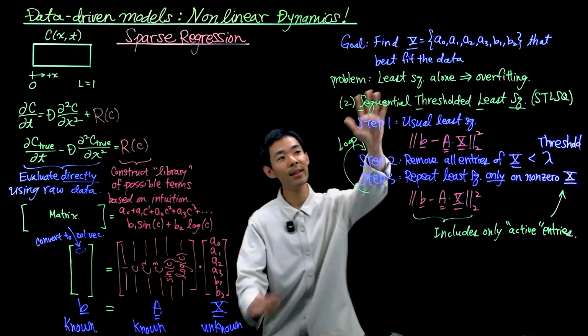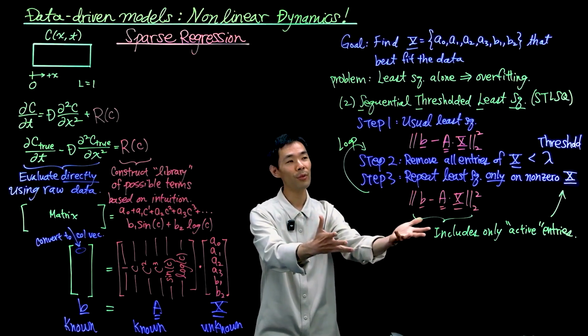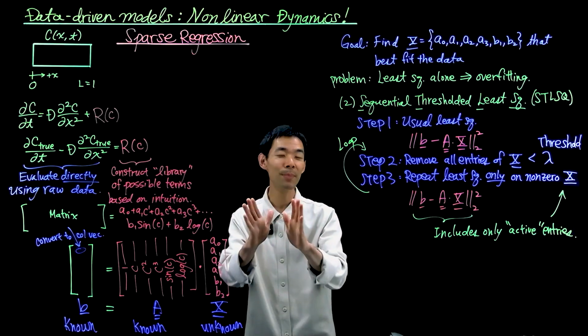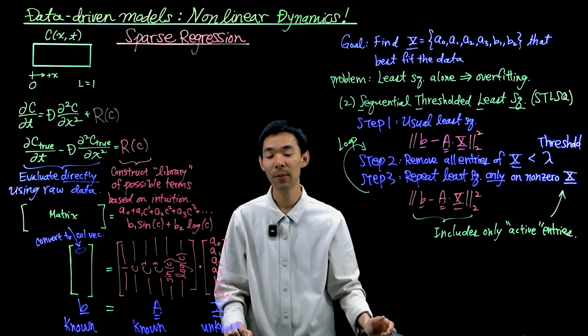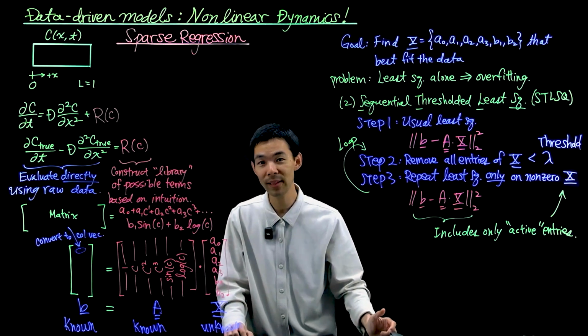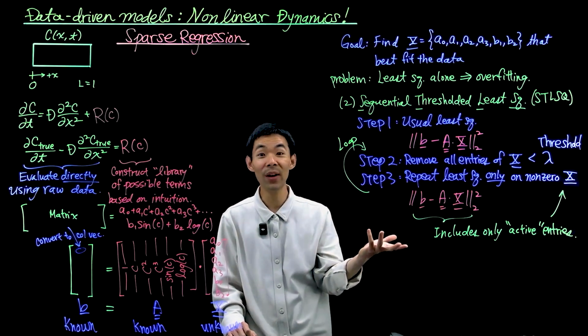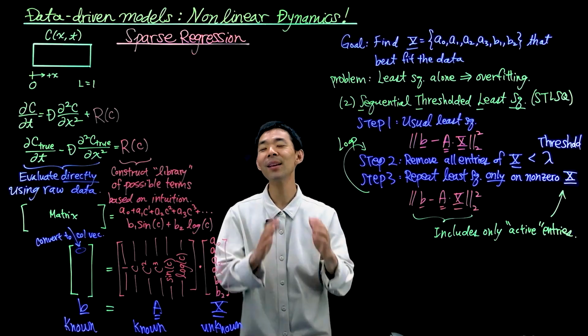So you can see that this algorithm of the sequential thresholded least squares ends up performing much better for this particular case compared to lasso. Now, I want to warn you that that's not always true. This ends up working very effectively in many situations, but that's not always true.